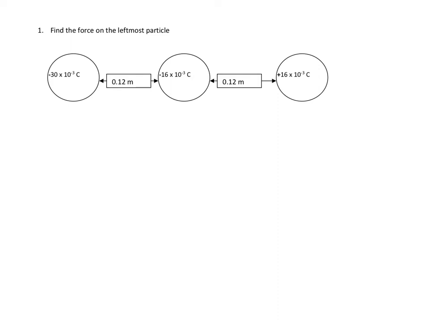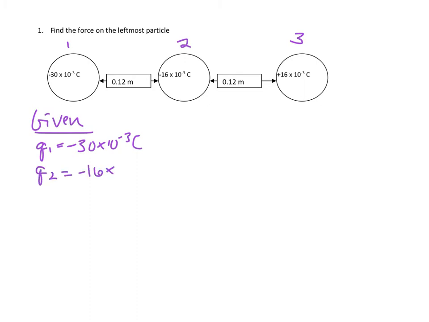We're looking for the force on the leftmost particle. So let's number these 1, 2, and 3. If I list my given information, Q1 equals negative 30 times 10 to the negative 3 coulombs. Q2 equals negative 16 times 10 to the negative 3 coulombs.